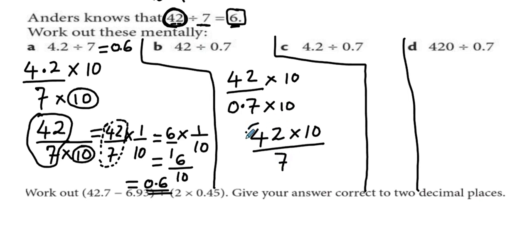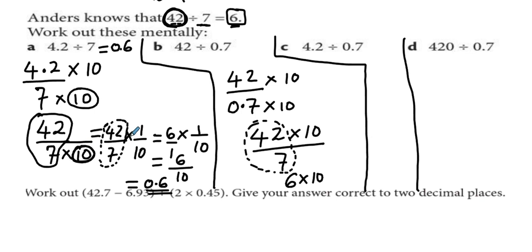Now, can you notice this? 42 divided by 7 is 6. But we have 6 multiplied by 10. Here is different. Here we had 42 divided by 7, but 10 is in the denominator.